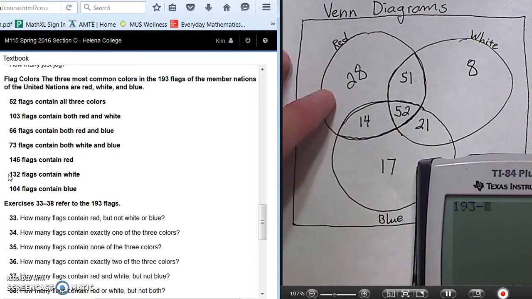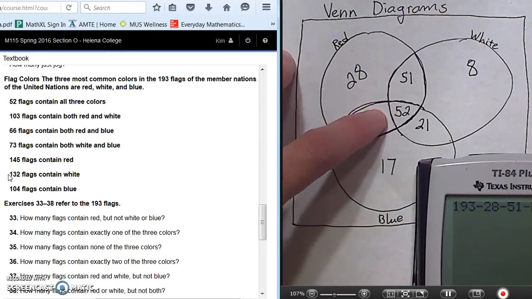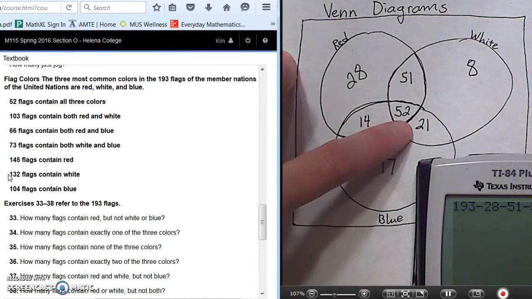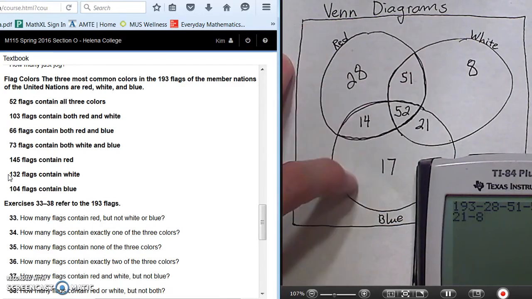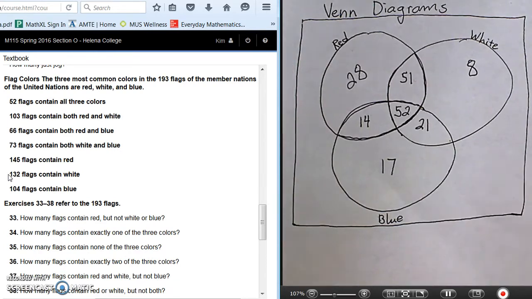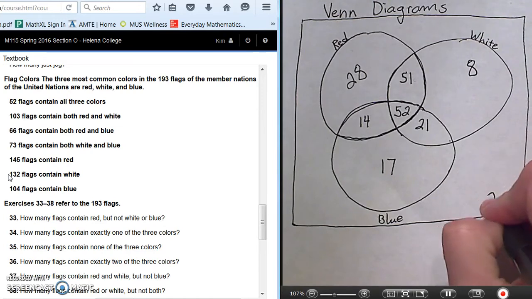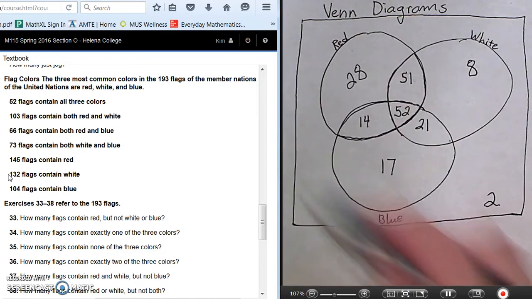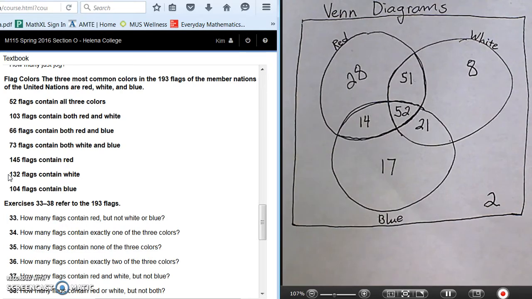Now I'm going to take away all the values that I've written in every part of every circle. 193 minus 28, 51, 52, 14, 21, 8, and 17. I get a total of 2. There are 2 other flags. If I were to add all these values together, I should have 193, because it had said at the very beginning, the 3 most common colors in the 193 flags of the member nations. So there's 193 total.